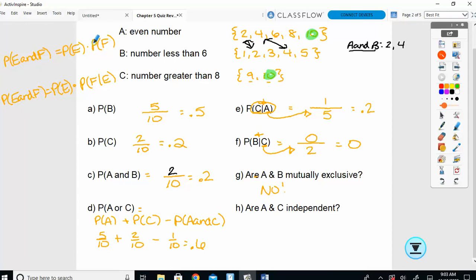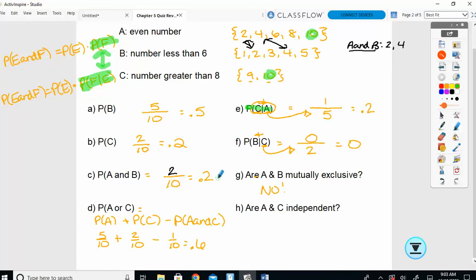So what independence means is that the probability of F is the same as the probability of F given E. If they're independent, these probabilities have to be the same. So if A and C are independent, the conditional probability has to be the same as the original.